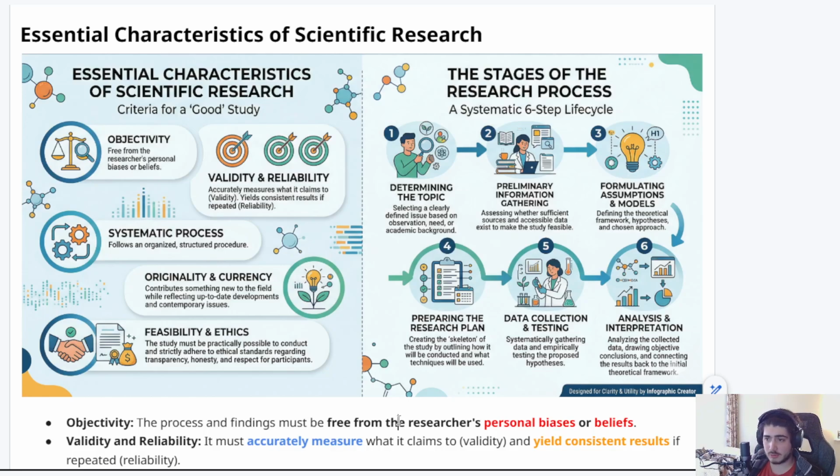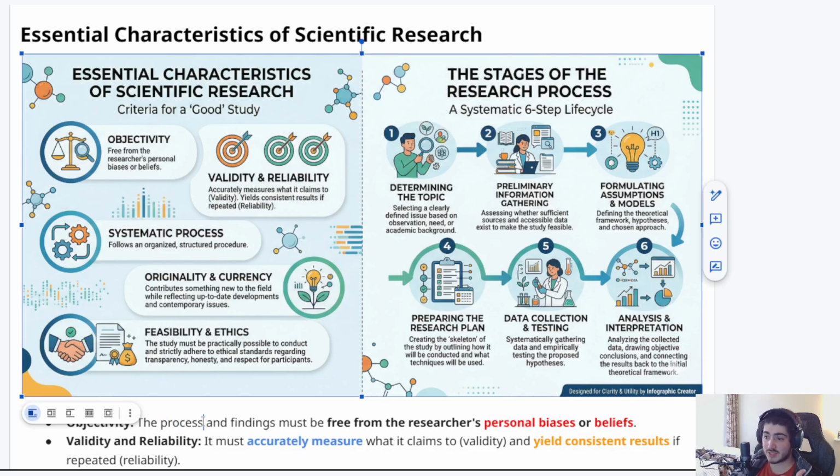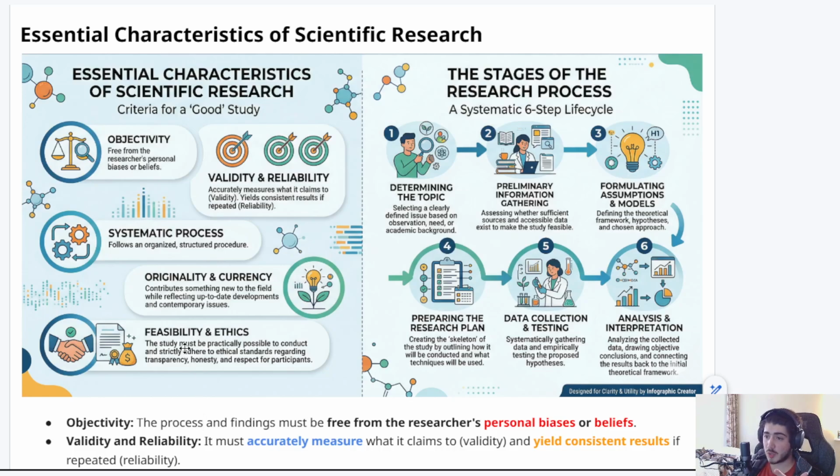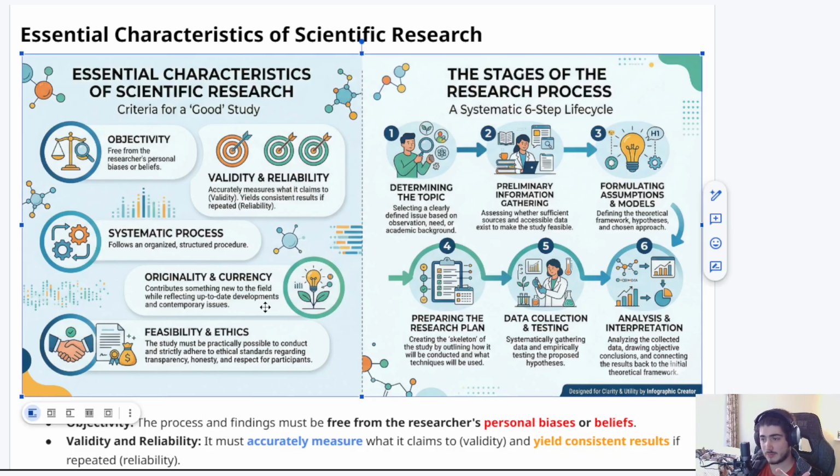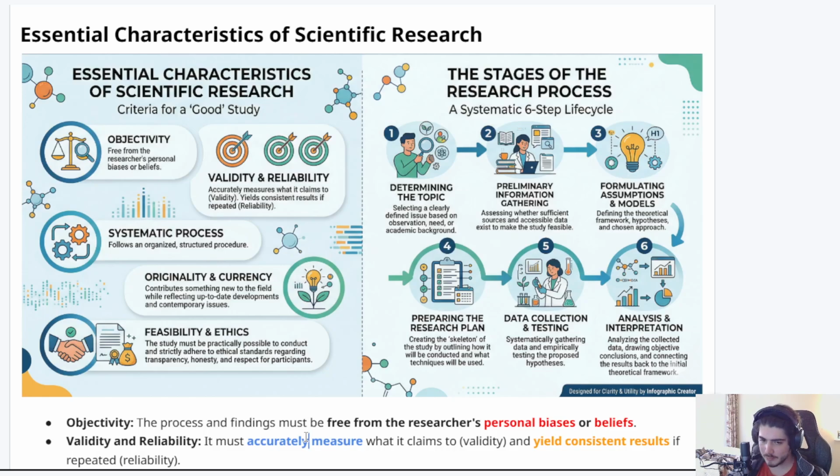How is that beneficial to anyone? And it needs to be feasible and ethical as well. This is new. This wasn't mentioned in the previous slides. By feasible, it means that your research must be actually plausible to do within a lifetime with the current methodology that we have. And it needs to be ethical, so no experimenting on dogs or humans without their consent.